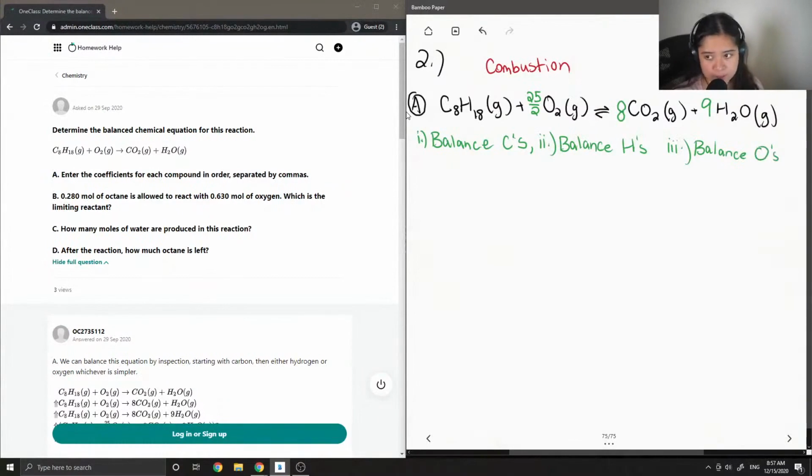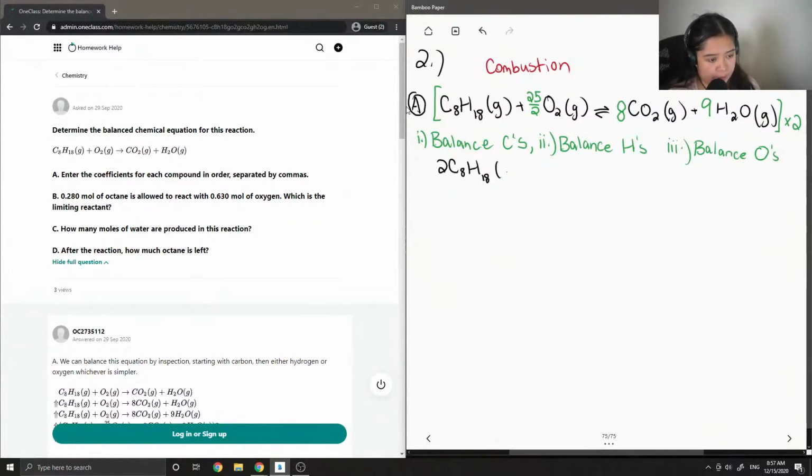Okay, so we're not quite done yet. Sometimes it might be easier to not read this balanced equation having a fraction. So to get rid of the fraction, I'm just going to multiply this whole thing by 2. And then I'm going to write my new balanced equation just below right here.